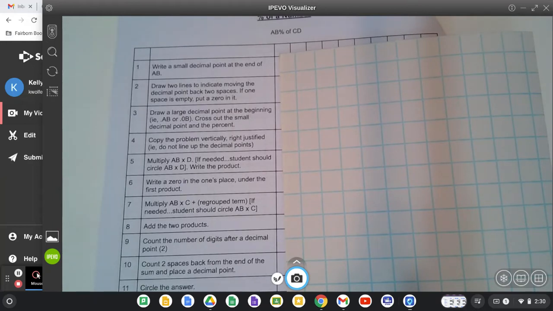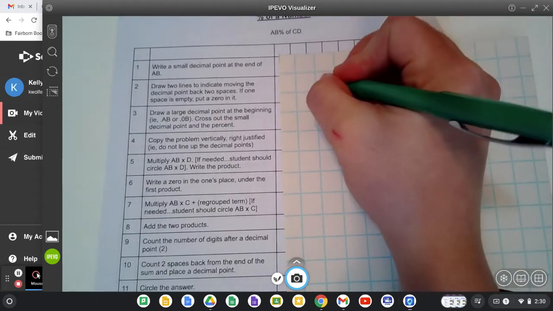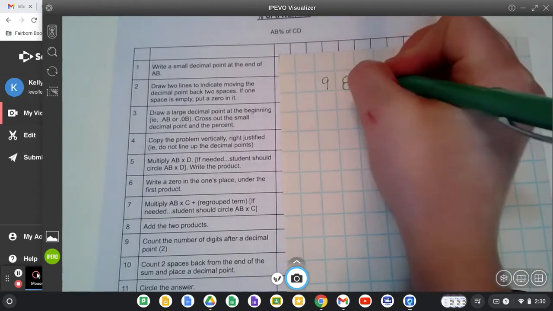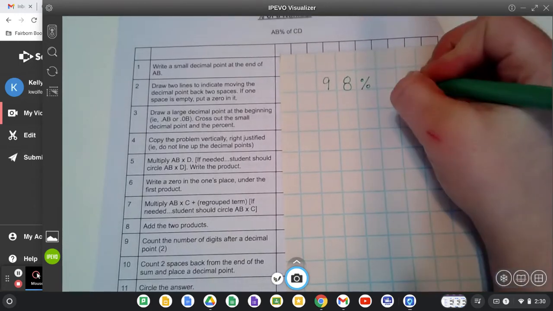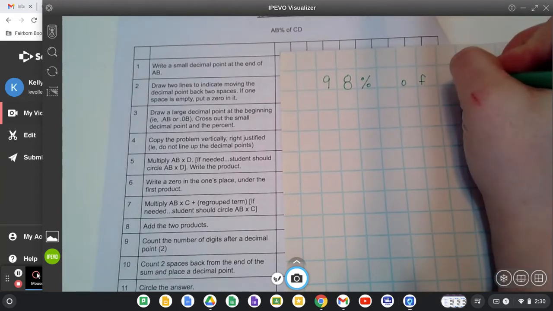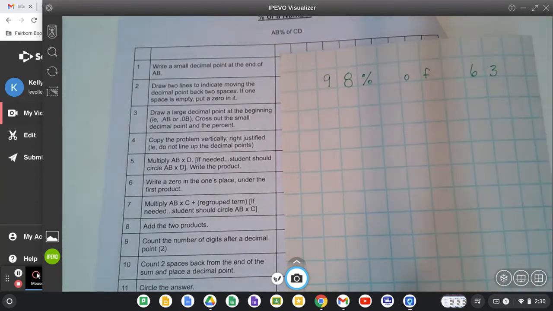And then in the next video, I will show a lesson that might occur further along once they've mastered some of those ending steps. So I'm going to start with the problem 98% of 63. All right, and here I go.